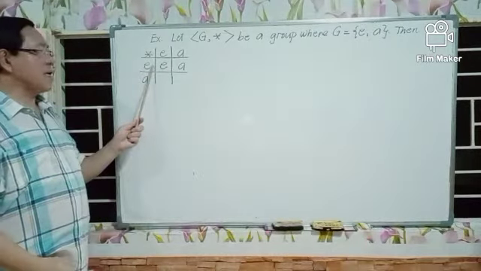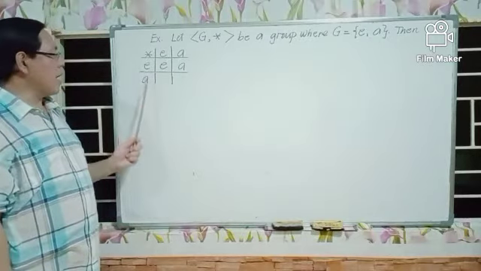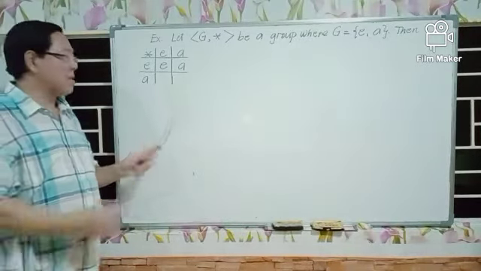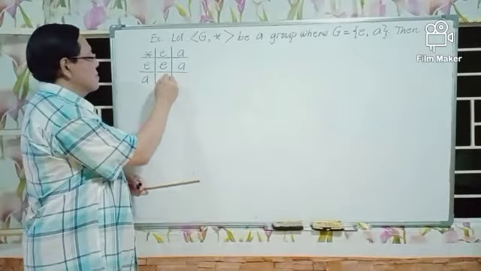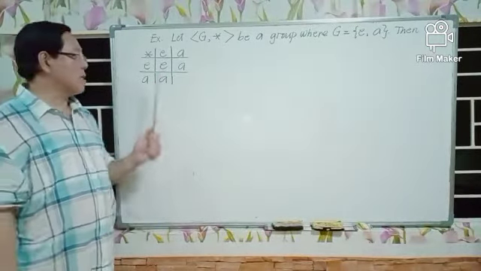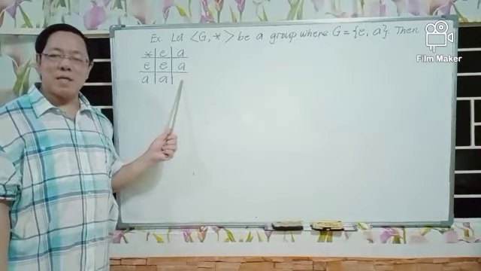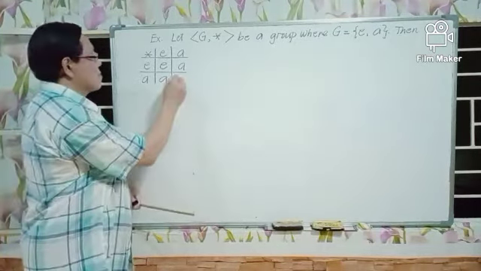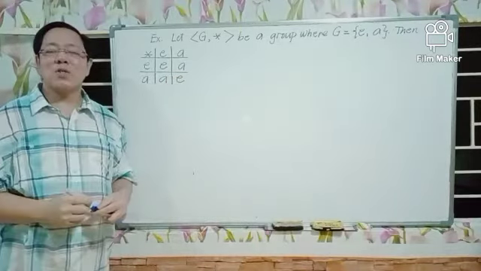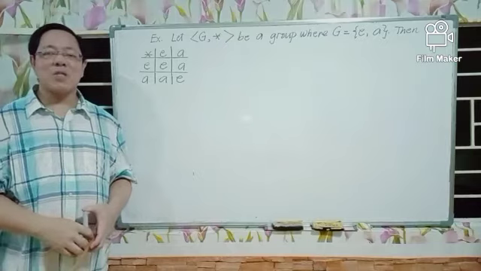Each element of G must appear exactly once in any row or any column. Hence, in the last cell, we must write e. This table shows the structure of the group G under the binary operation star.